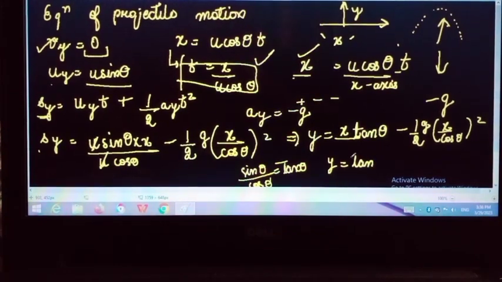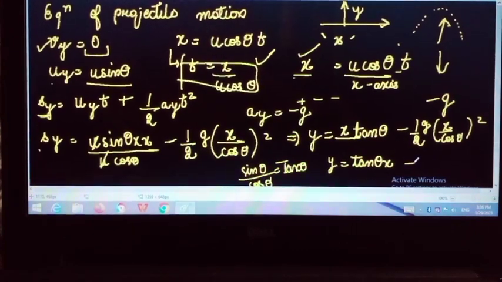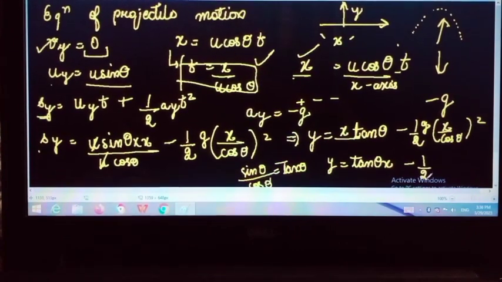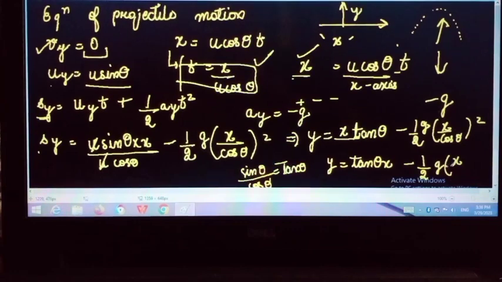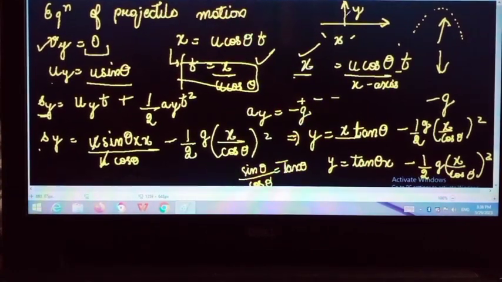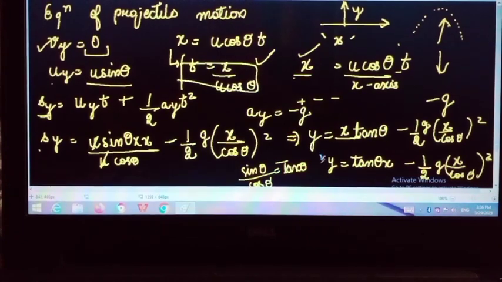Arranging these terms, we can write it as y equals x tan theta minus g x square upon 2 u square cos square theta. So this is the equation of projectile motion.